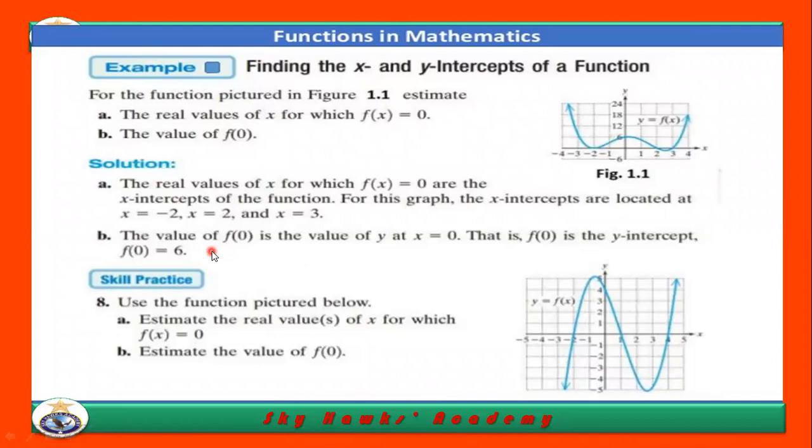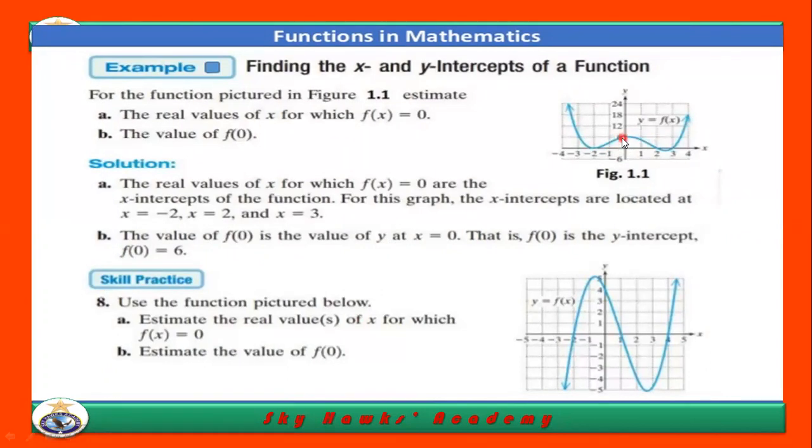So the next is the y-intercept. Now we are looking for the y-intercept. The value of f at 0 is the value of y at x equal to 0. That is, f(0) is the y-intercept. So f(0) is 6. Here you can see that this curve is touching or crossing the y-axis at 6.